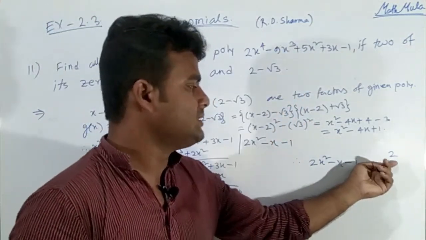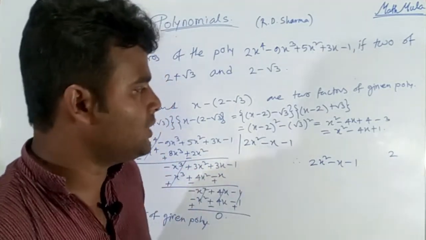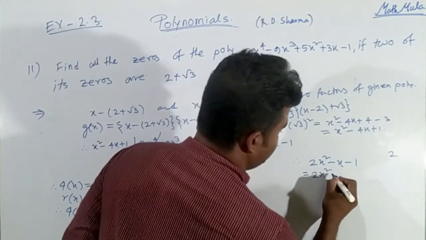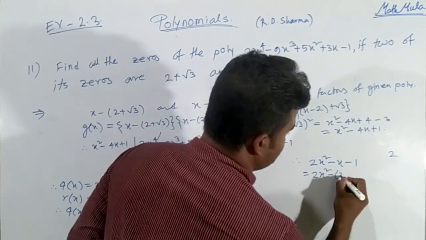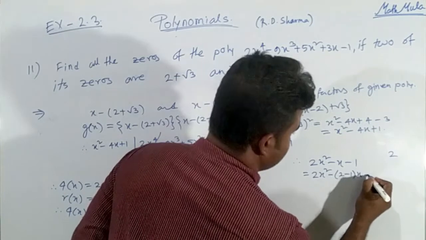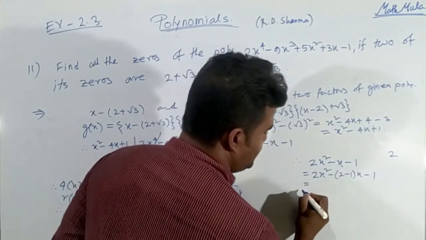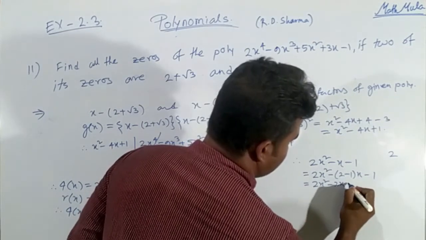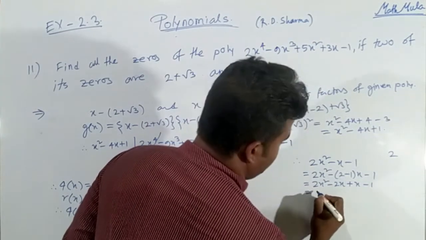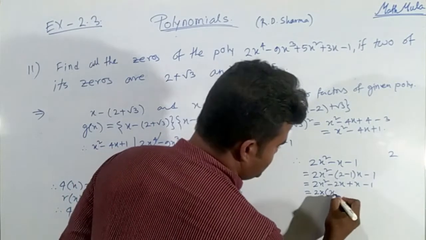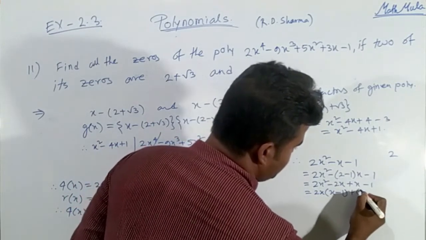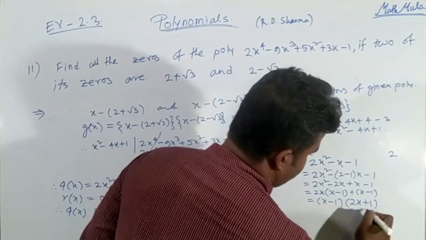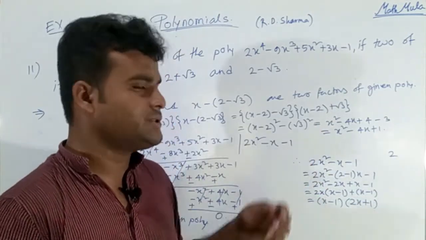Now factorize 2 into two factors, that is 1 and 2 only. Now 2 minus 1 is 1. Now we can write 2x^2 - 2x + x - 1. Now 2x will be common: 2x(x - 1) + 1(x - 1). Now x - 1 is common, that is (x - 1)(2x + 1). These are the two linear factors of this quotient.